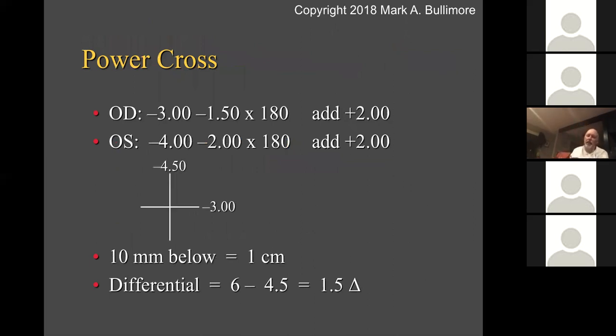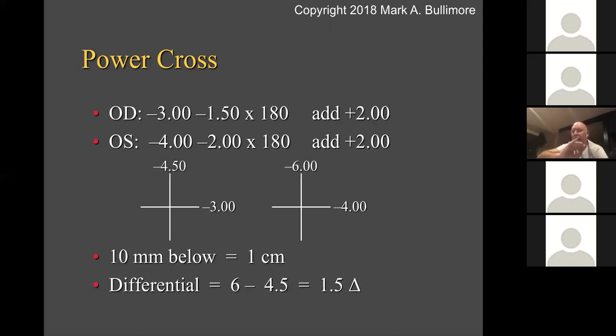The important power here is the 450 in the vertical meridian. Other eye, -6 is the power in the vertical meridian. Those are the two powers that we're going to use. We can either apply Prentice's Rule to each of them, or we can subtract one from the other and apply Prentice's Rule to the difference. Doesn't matter. We're going to end up with 1.5.